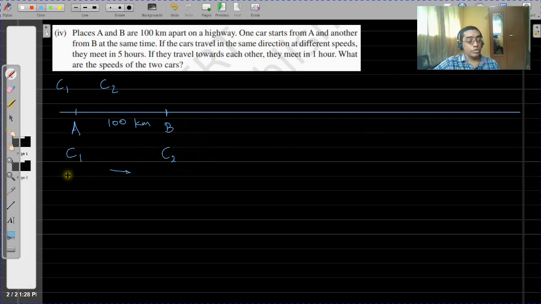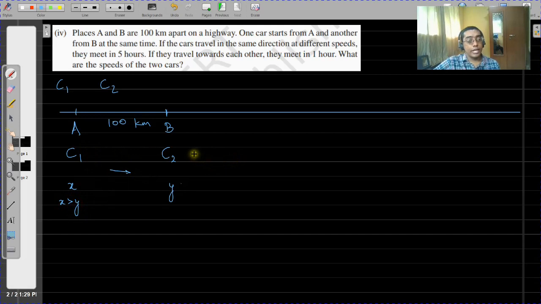Now I'm going to take two variables for the speeds. The speed of car 1 is x and the speed of car 2 is y. Now x is greater than y. Car 1 is faster.